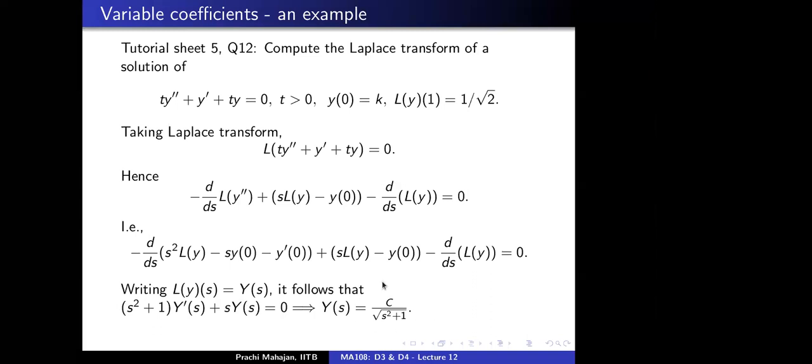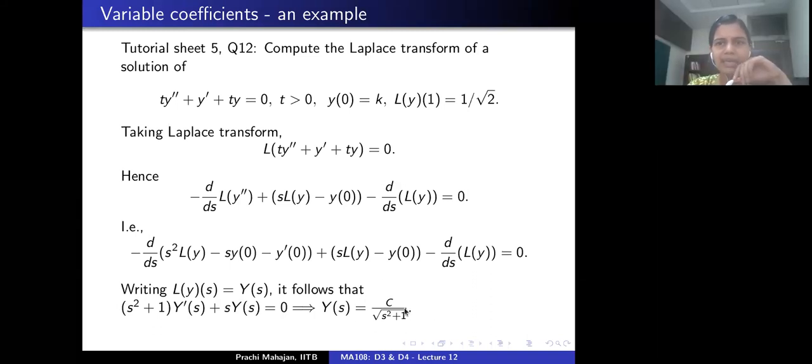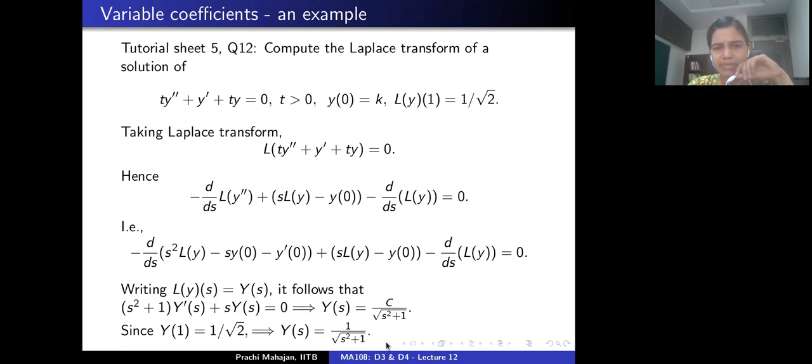You will pick up a constant of integration c, and you are given this data, which is exactly capital Y at 1. Use this information to evaluate c. So capital Y is precisely 1 upon square root of s square plus 1. Is that okay?